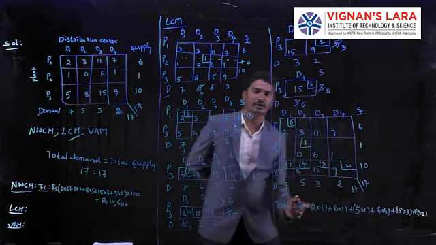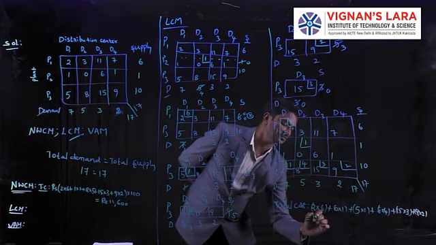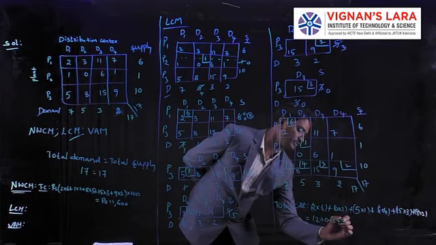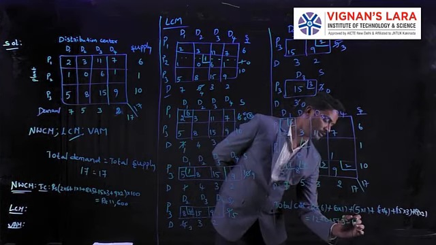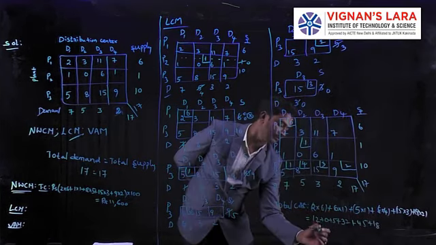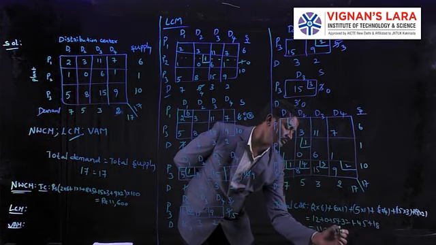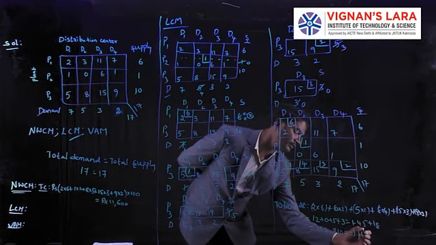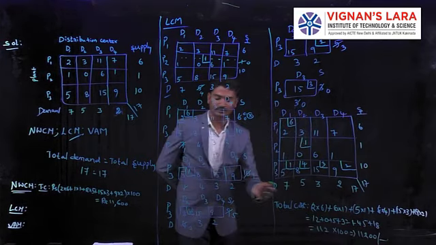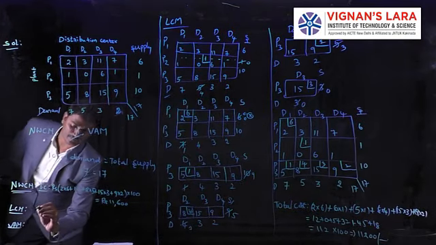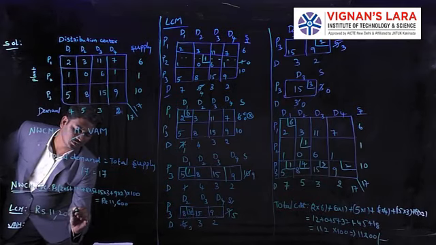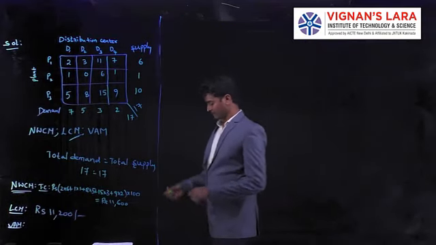From this we have 12, 0, 5, 8 into 4 is 32, 45, 18. Okay, here 112. Each unit is 100 rupees. So the final total we get is 11,200 rupees. Here the total cost from the LCM method we got is 11,200 rupees.